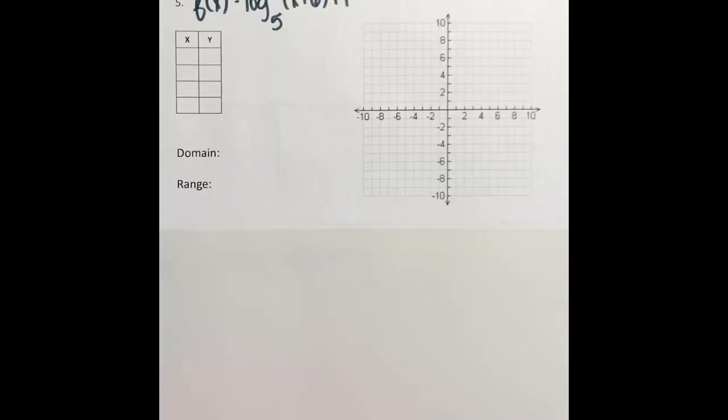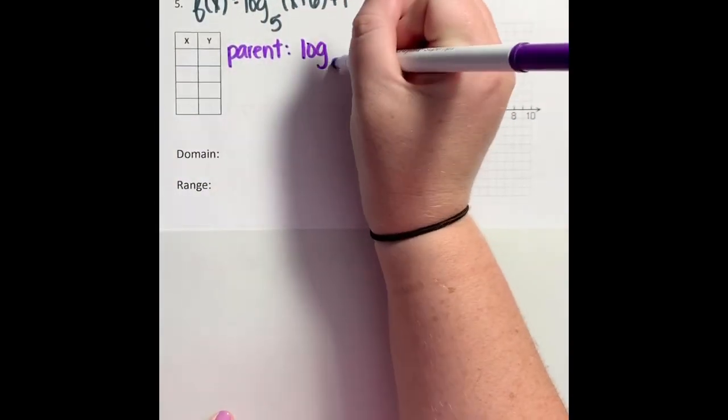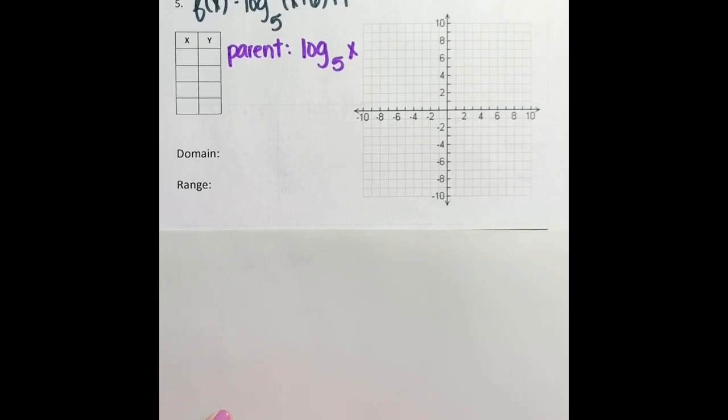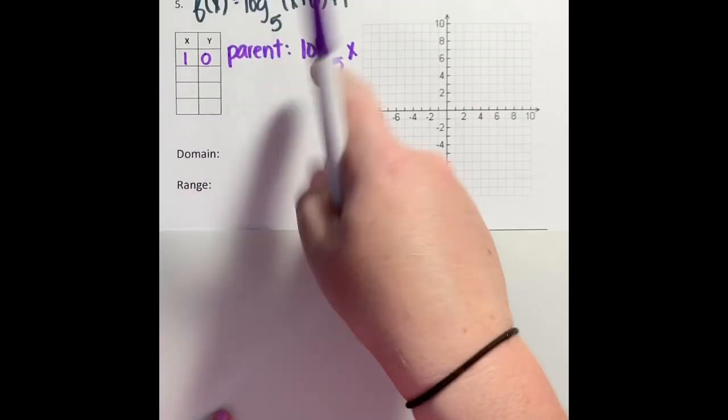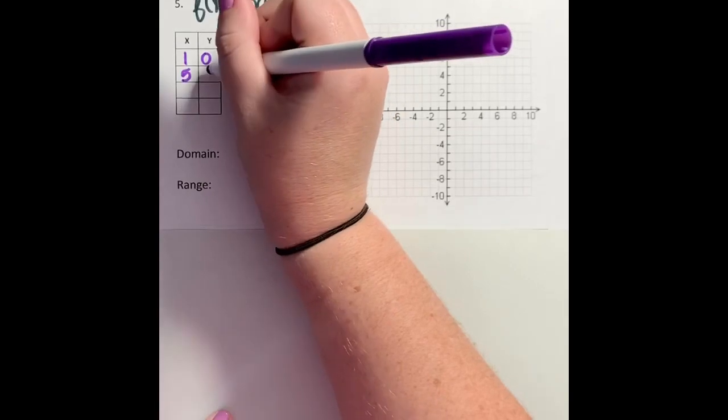So I'm going to be looking at example 5 that was uploaded on your Google Classroom, because that's where the logs start. So if you're looking at log base 5 of x plus 6 plus 1, if we look at our parent function, we will be plugging in 1. We know we will get 0. Then we will plug in our base, which is 5, and we know that we will get 1.